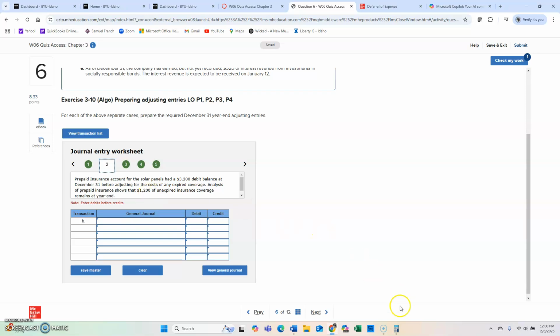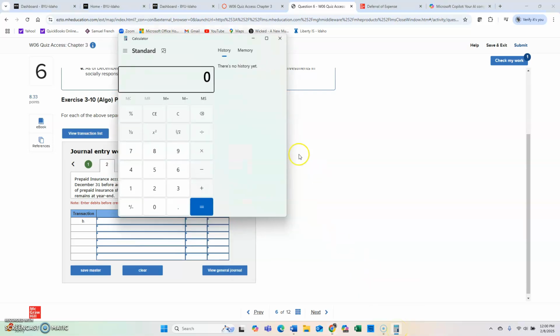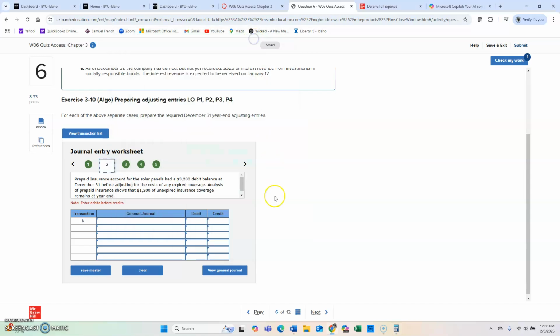So if I pull up my calculator, we're going to take $3,200, which is our beginning, and we're going to minus the $1,200, which is the remaining, which means that we have used $2,000 worth of prepaid insurance. So we're going to start out by putting that $2,000 in as an insurance expense.